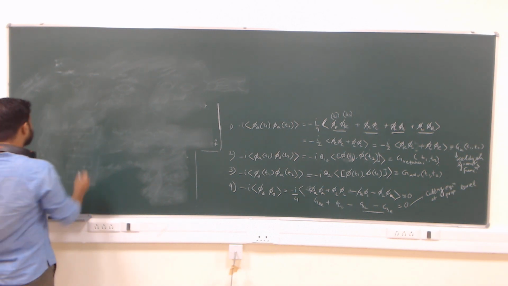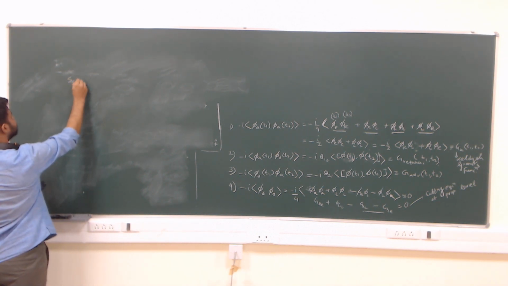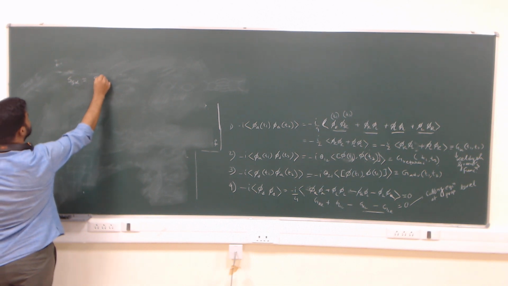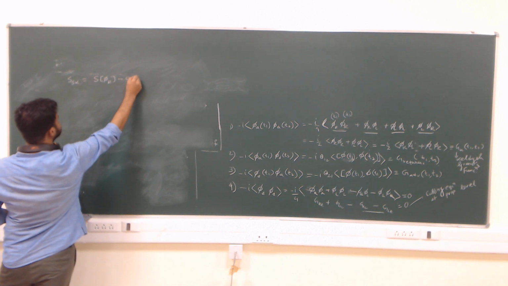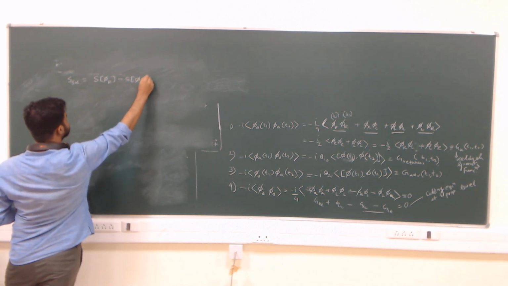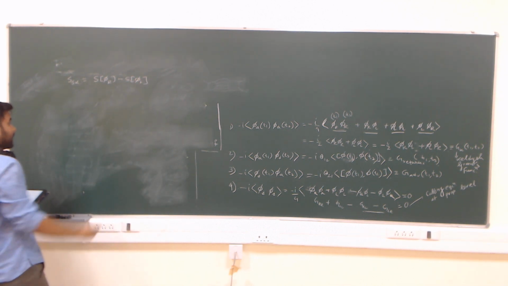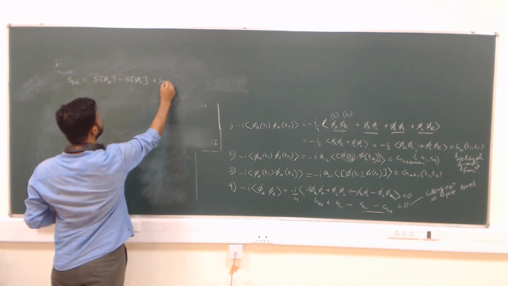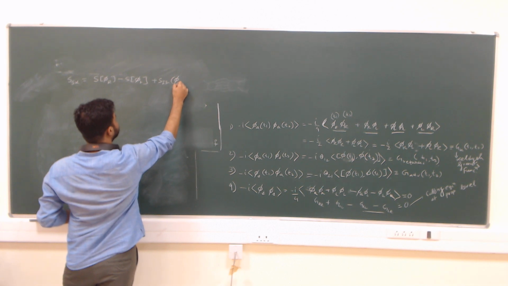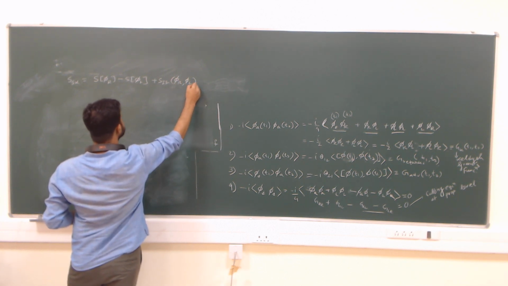So we know that in our usual Schwinger-Keldysh for a unitary case we would write an action like this, and in a non-unitary case we will also have an influence functional which is a mixed field term.